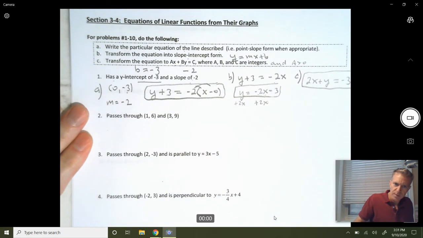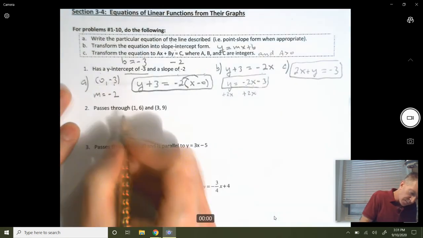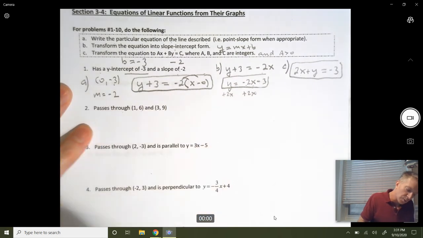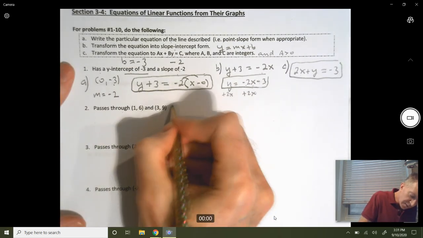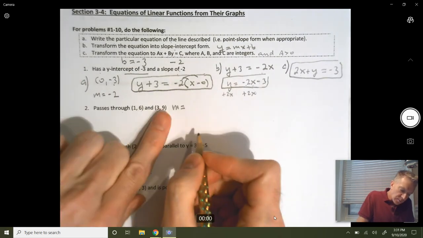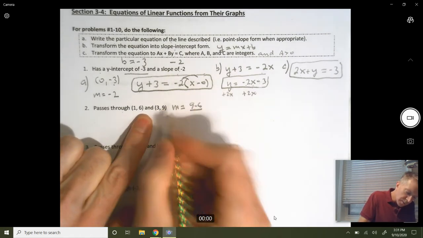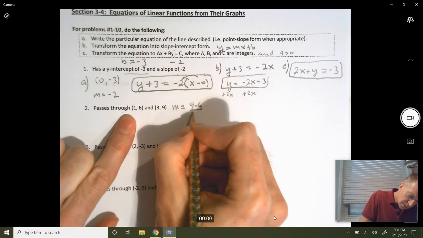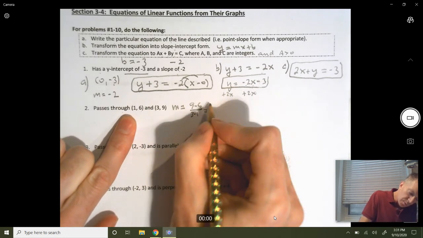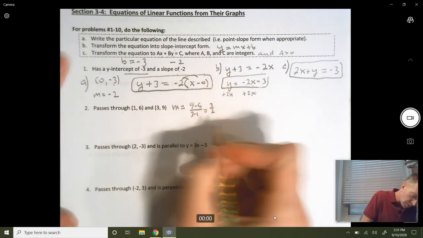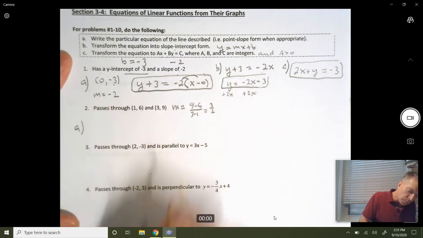Okay. The next one passes through these 2 points. Well, when you pass through 2 points, we're going to have to find the slope. So y2 minus y1, 9 minus 6, over x2 minus x1, 3 minus 1. So we get 3 over 2. And our point, we can use either point.